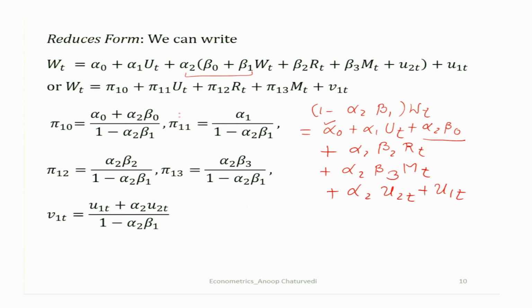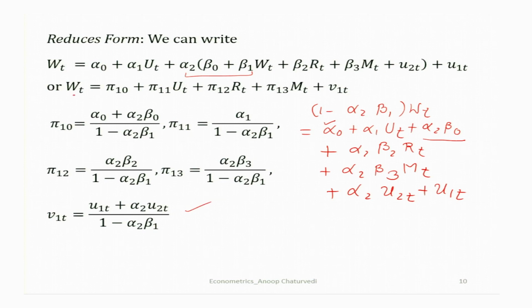Similarly, pi 1 1, the coefficient of u t, you get alpha 1 from here divided by 1 minus alpha 2 beta 1. Similarly, you get pi 1 2 as the coefficient of R t, alpha 2 beta 2 divided by 1 minus alpha 2 beta 1, and then you get pi 1 3 also. And then we define V 1 t equal to u 1 t plus alpha 2 u 2 t divided by 1 minus alpha 2 beta 1.